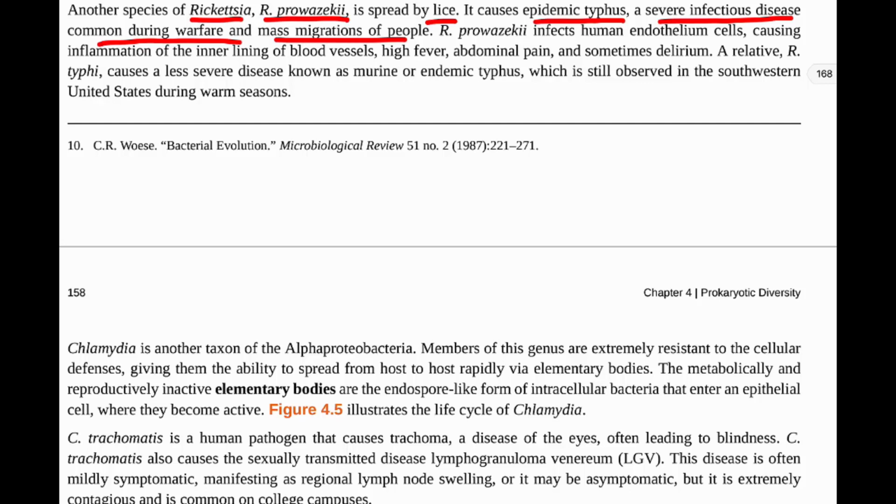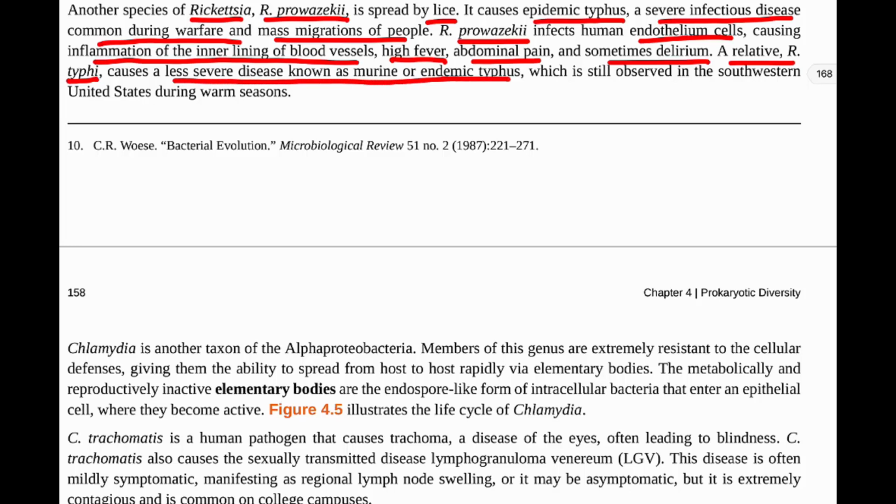It infects human endothelial cells, causing inflammation of the inner lining of blood vessels, high fever, abdominal pain, and sometimes delirium. A relative, R. typhi, causes a less severe disease known as murine or endemic typhus, which is still seen in some southwestern United States during the warm season. So we still see these diseases; they're not totally gone, but we don't see them as often.